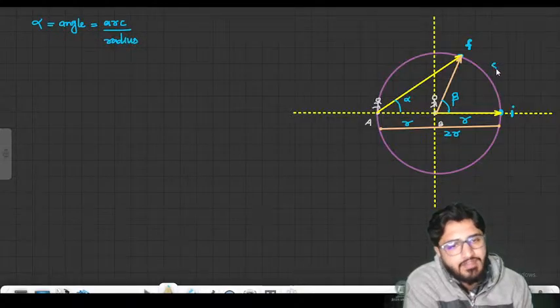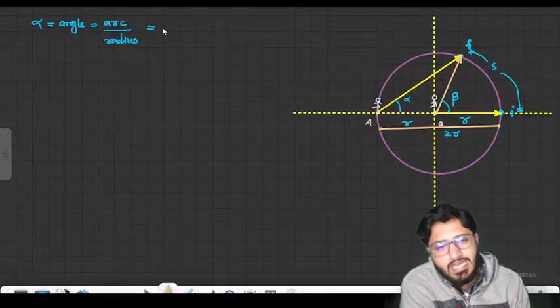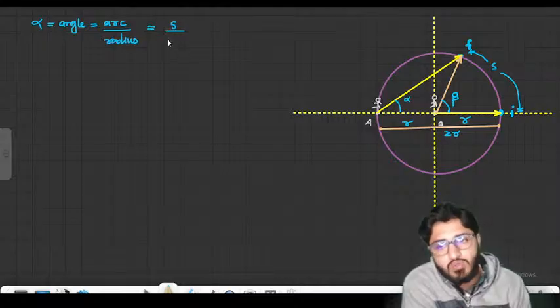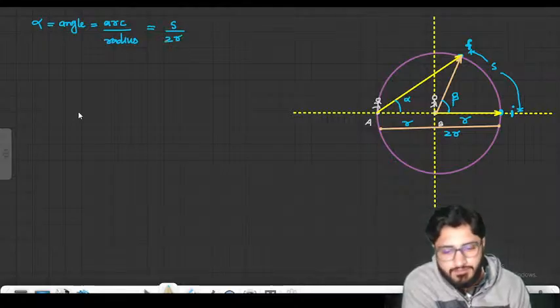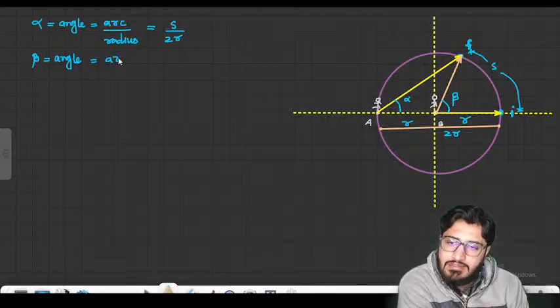Suppose my arc is S. Every time the denotation of arc is S. Alpha is arc by radius. Arc is S, and the radius for alpha is R plus R, which is 2R. Beta is the same kind of angle: arc by radius.